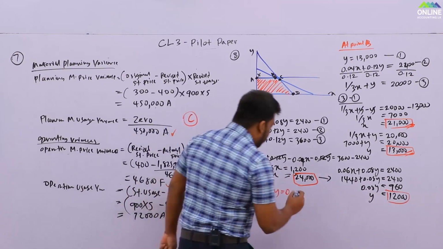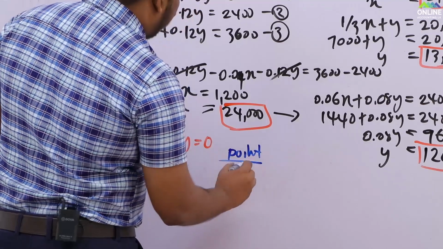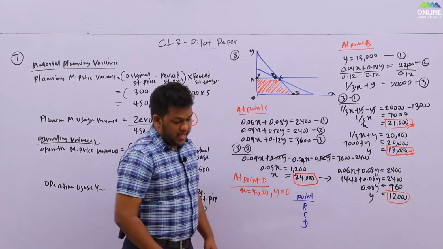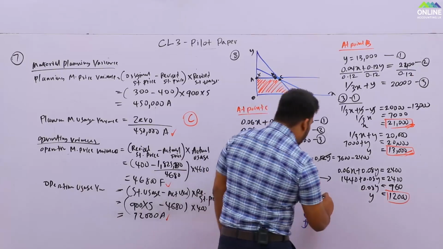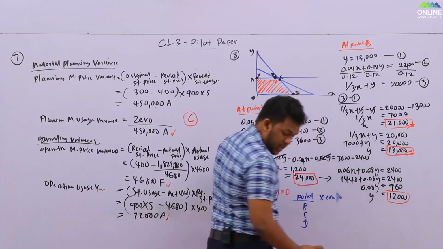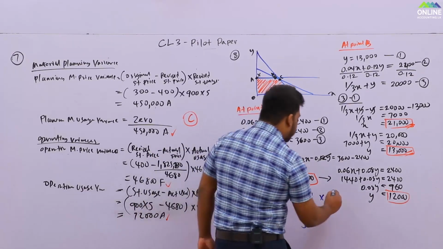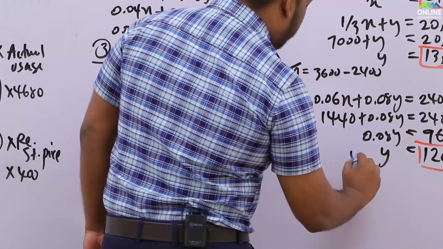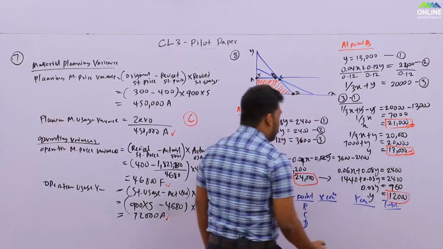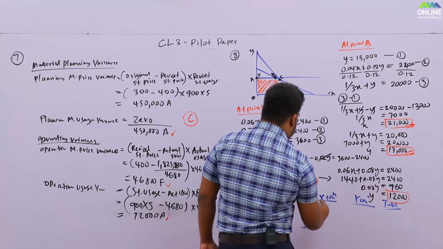So let's take the points B, C, D, and the contribution of X, the contribution of Y, then the total. X contribution is how much? At point B, X is 21,000.